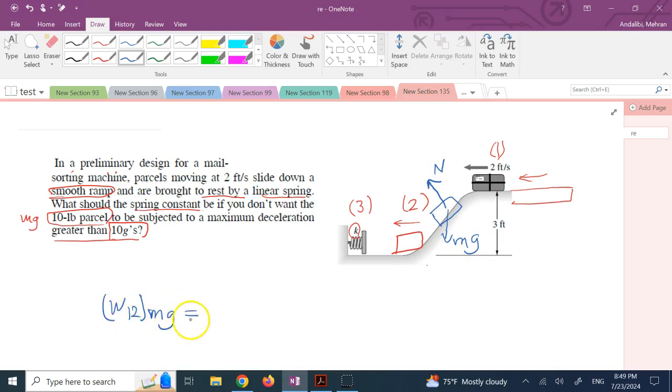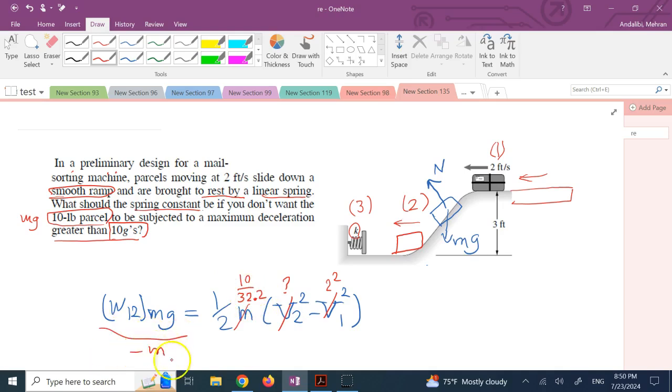This is equal to k2 minus k1, which is 1/2 m times v2 squared minus v1 squared. Clearly v1 is given, that is 2, v2 is to be found, and m is 10 pounds force divided by 32.2. And w of mg is negative mg delta y.